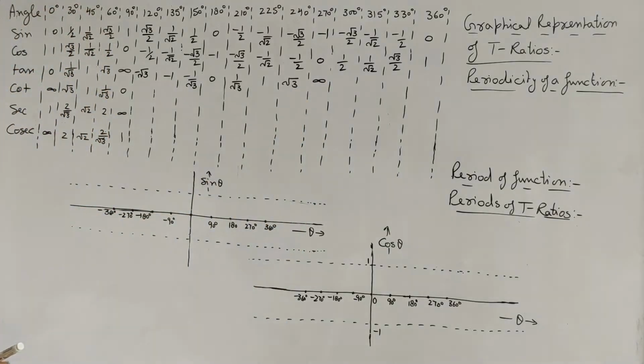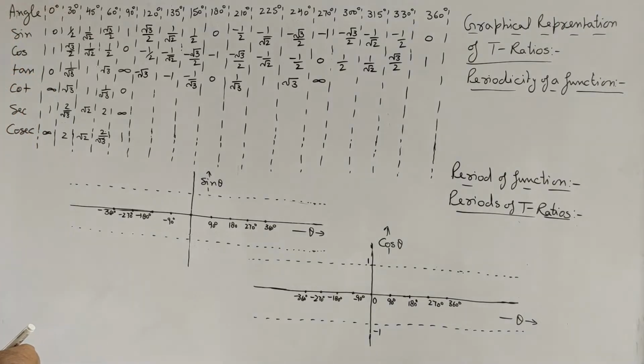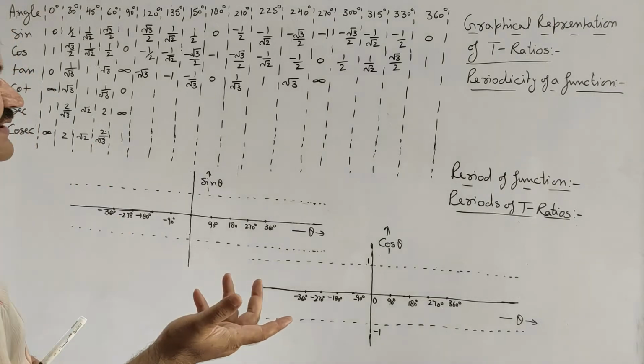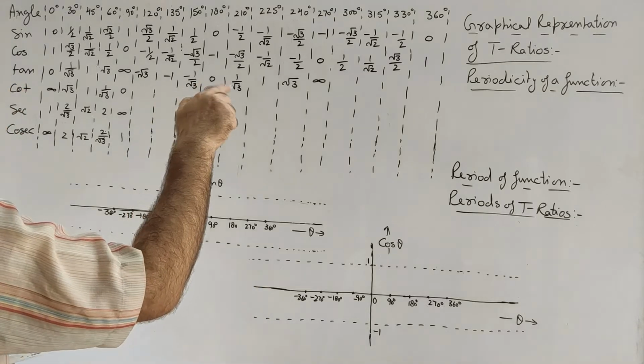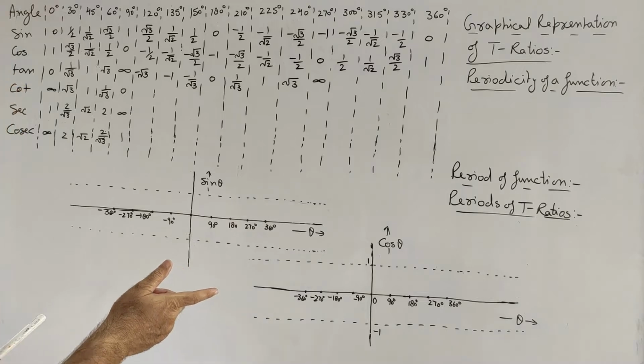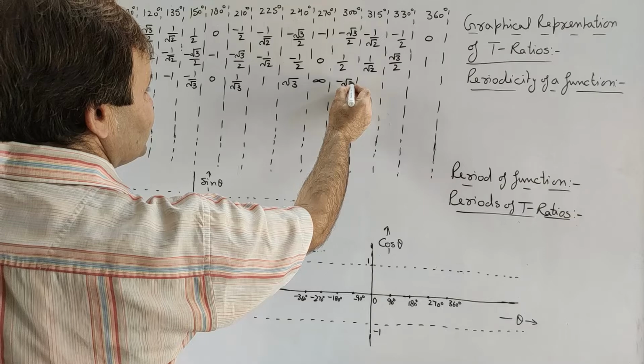Next 300 degree, that is in fourth quadrant, tan will be negative, so tan 270 plus 30 means minus cot 30, and minus cot 30 means minus root 3.